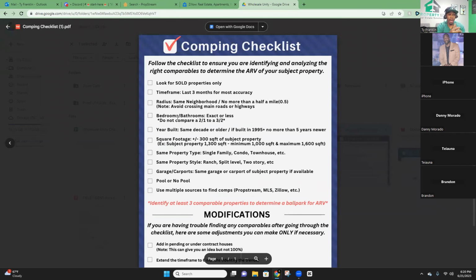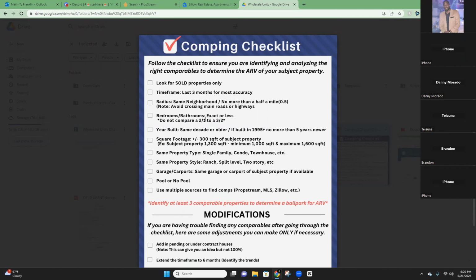Next, bedrooms and bathrooms, right? You want to look for properties that have the exact same bedrooms and bathrooms or less. It says here, do not compare a 2-1, a 2-bed, 1-bath, to a 3-2, a 3-bed, 2-bath, because obviously the 3-2 is going to be worth more than the 2-1, right?